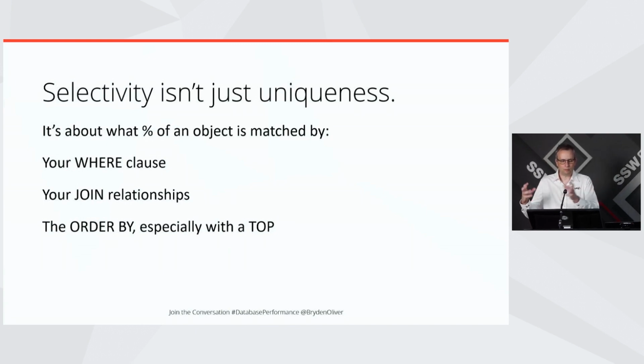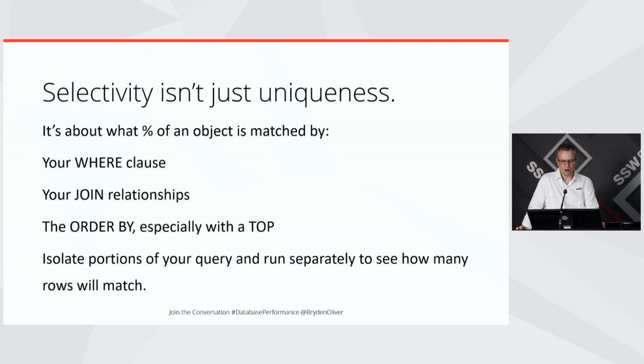It's about what % of an object is matched by any given clause, like your where clause, your join relationships, what order bys and other clauses you've got, especially things like top. So isolate portions of your query and run them separately to see how many rows match each of the bits. And that gives you a better feel for what's going to happen when you run the whole query.